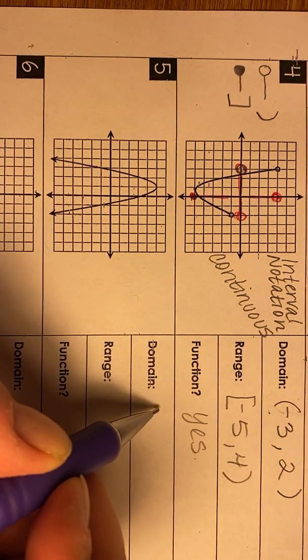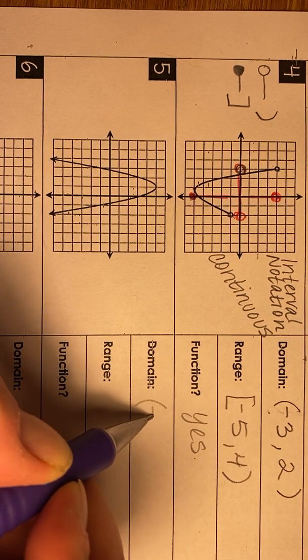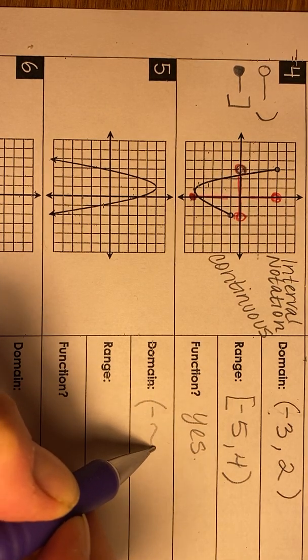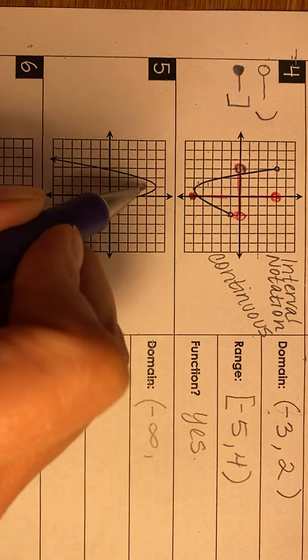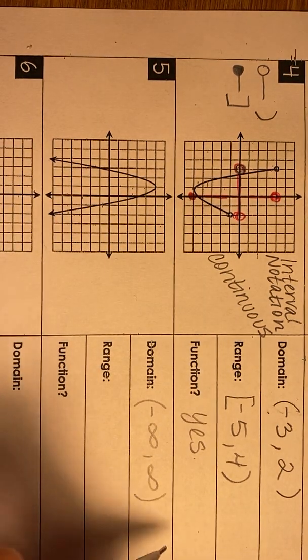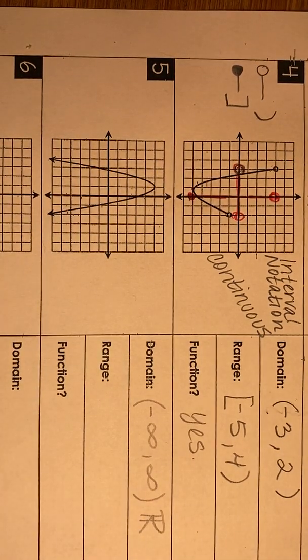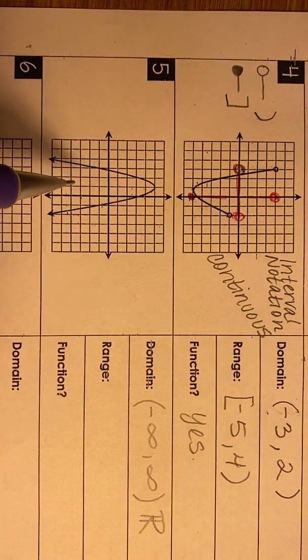So the domain, and again, I'm going to use an open bracket because I'm talking about negative infinity and positive infinity. Okay, another way to represent that is the R for all real numbers. So all real numbers, all x values are represented in this.